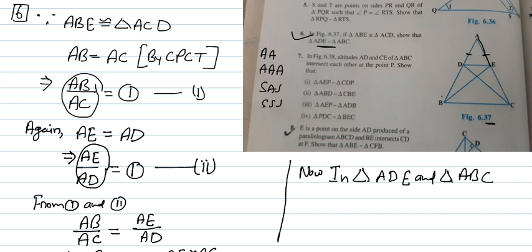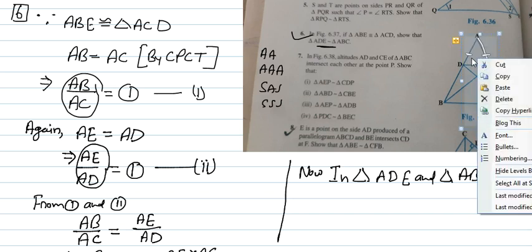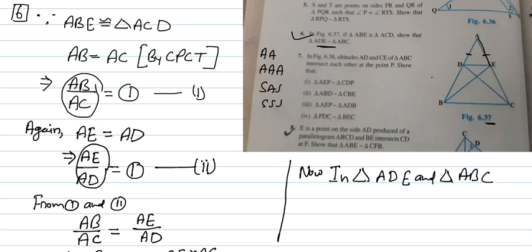This small triangle will be similar to this whole large triangle ABC.